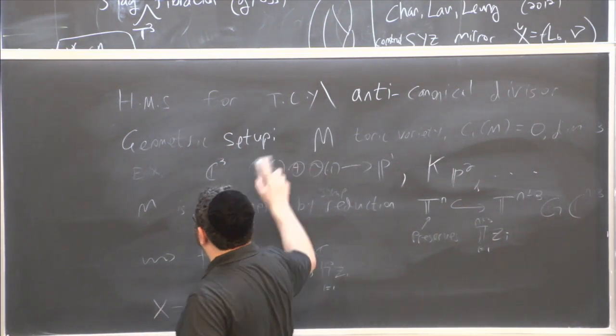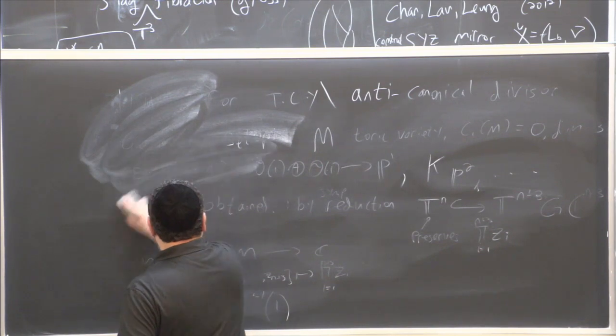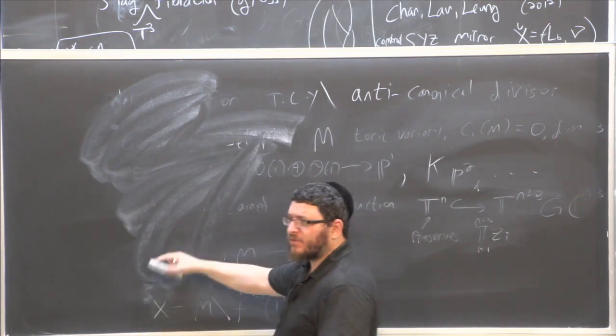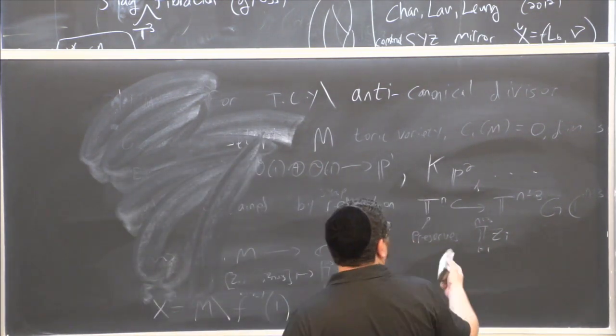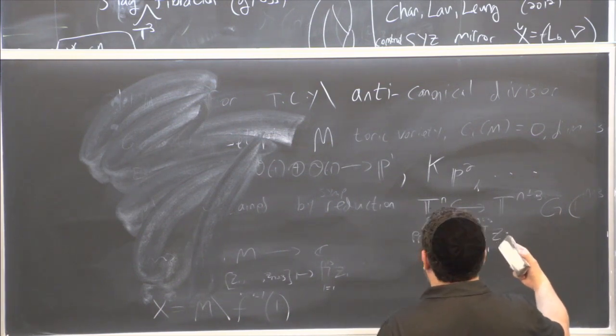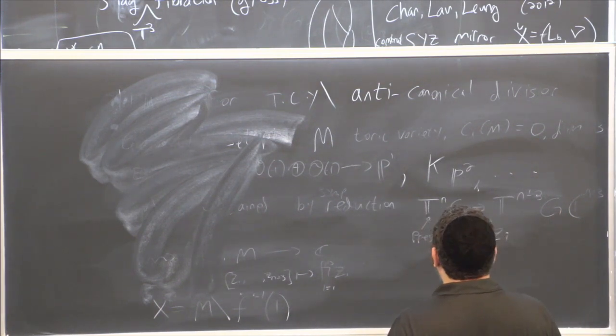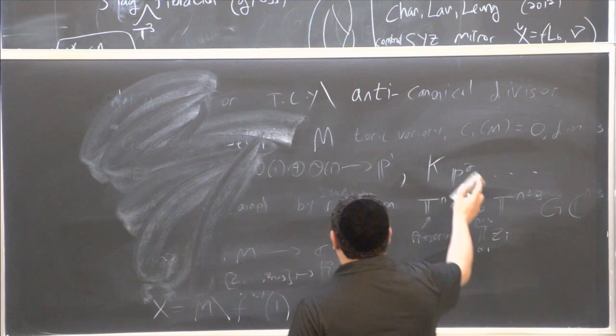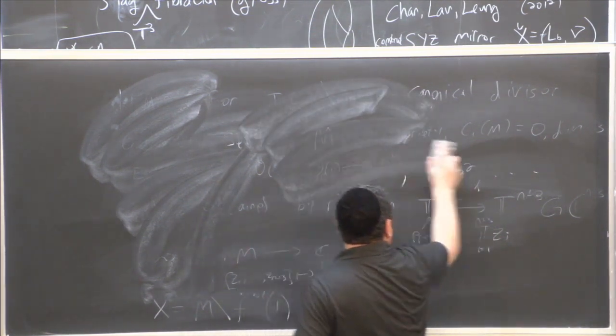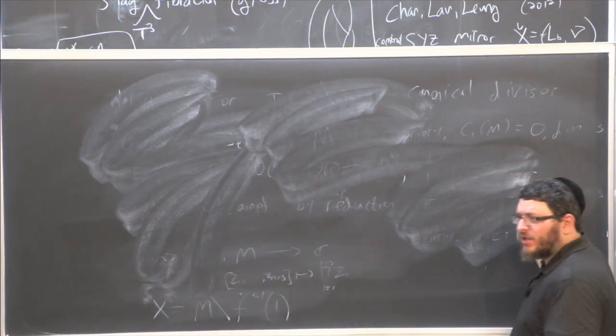That's how you get that it should be a three complex dimensional manifold. So you should think of it as a real and imaginary part.